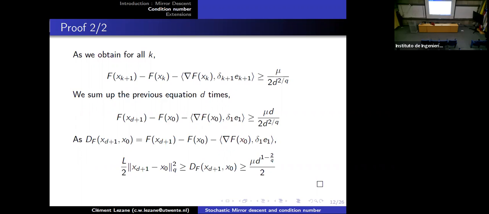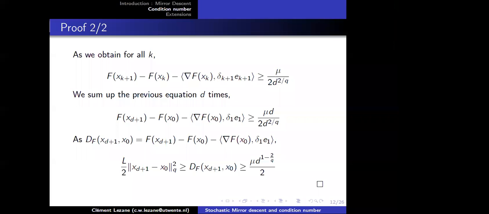But this is just equal to 1. So what we have is that L divided by 2 is bigger than mu divided by 2 times d over 2's cube, which means that L divided by mu, the condition number kappa, is going to be bigger than something.